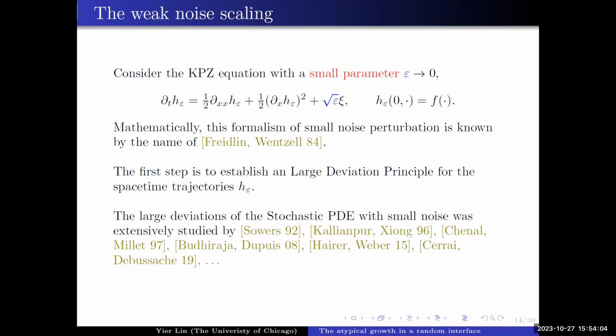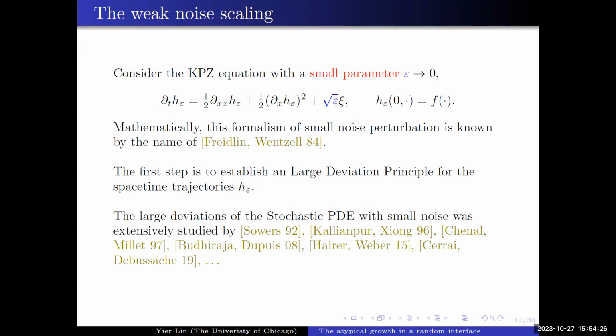What we are going to consider is the KPZ equation with a small parameter epsilon. We are going to multiply the noise by root epsilon, so we make the noise become weaker and weaker. That's why we call this the weak noise scaling.